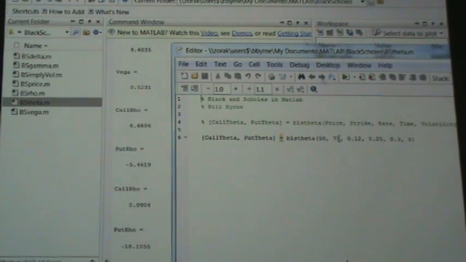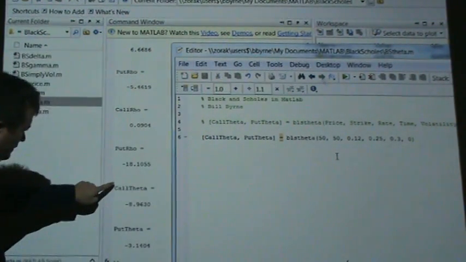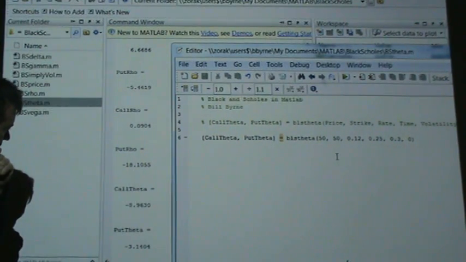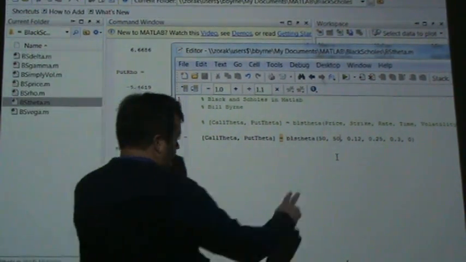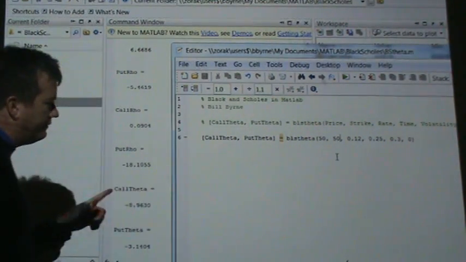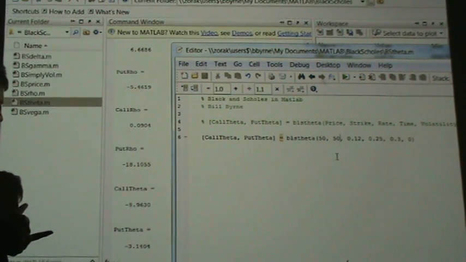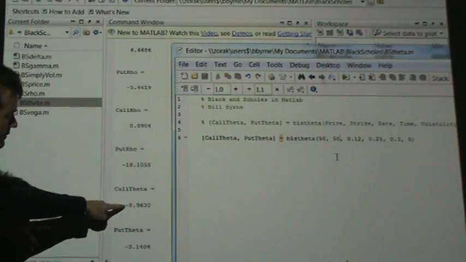And if strike price is 50, and current price is 50, we get the call theta is negative. Time ticking is bad news for the call option, which is why it would be negative.